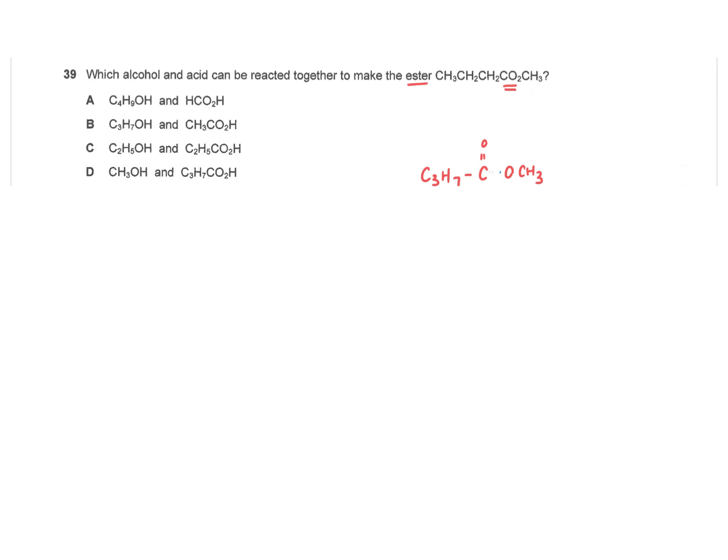Next, we need to erase this C-O single bond. Now you should be able to see your acid fragment and your alcohol fragment. So you need to add OH back to your acid fragment and add H back to your alcohol fragment. From there, we'll be able to tell the correct answer to be D.